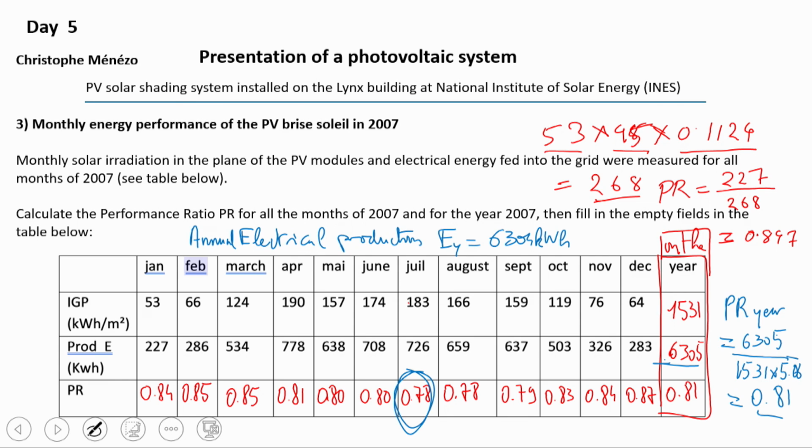How many hours per year is the PV central operating in the power peak condition?